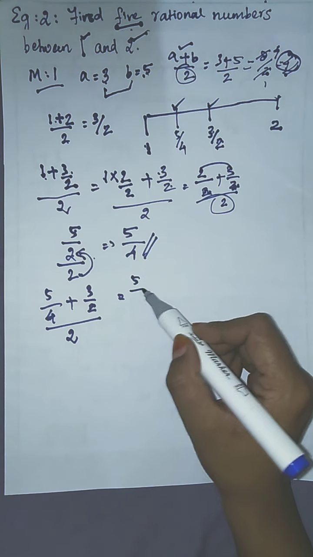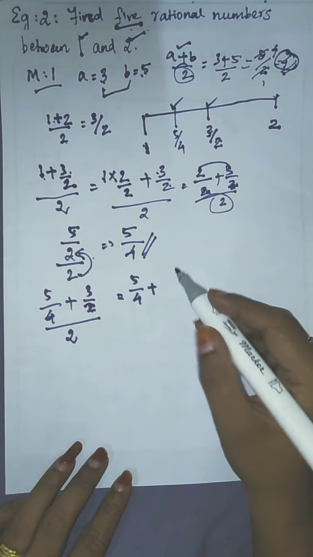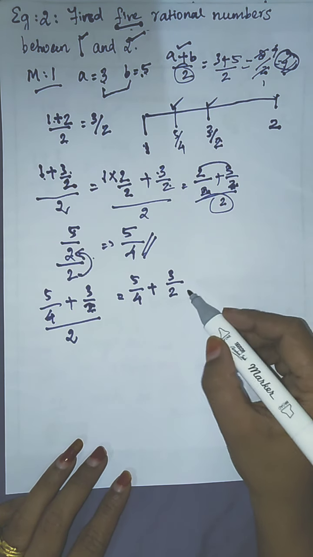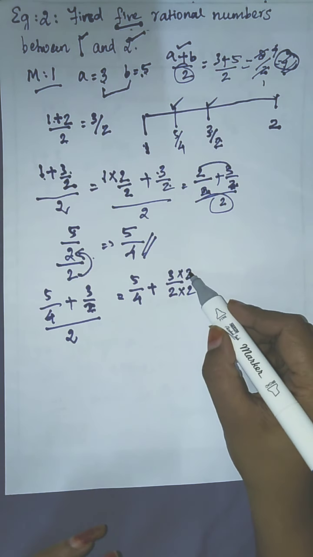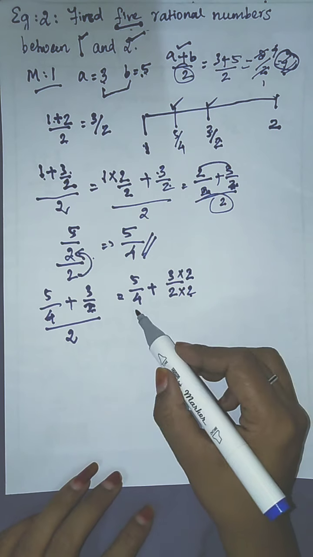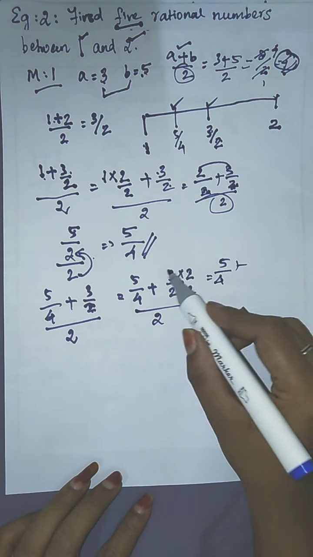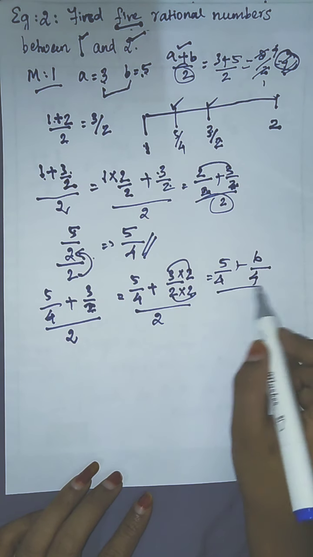So no problem, 5 divided by 4 plus here the value is 2. So 3 divided by 2, we have to make it as 4. So we have to multiply by 2, both on numerator as well as denominator. So 5 divided by 4 plus 3 2s are 6 divided by 2 2s are 4.